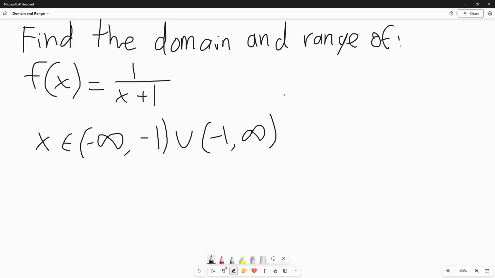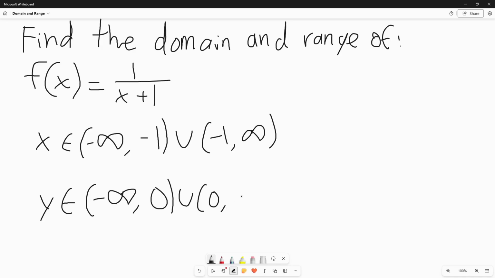Now, the closest we can get is if x was negative 1, then it would be 1 over 0, but 1 over 0 is undefined, so we can't get 0. So we get y exists in negative infinity, comma 0, union 0, comma infinity.